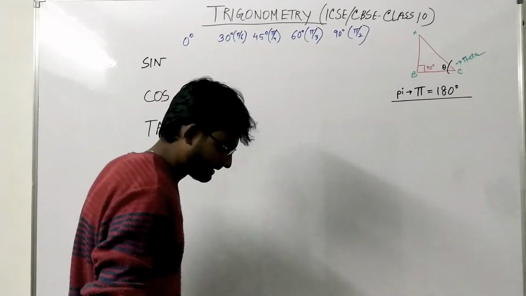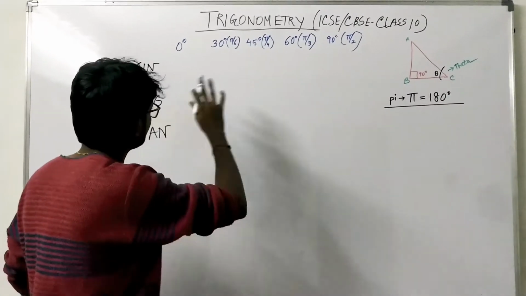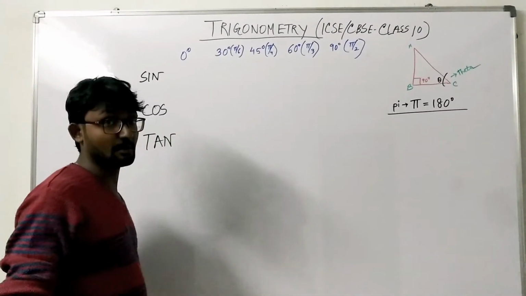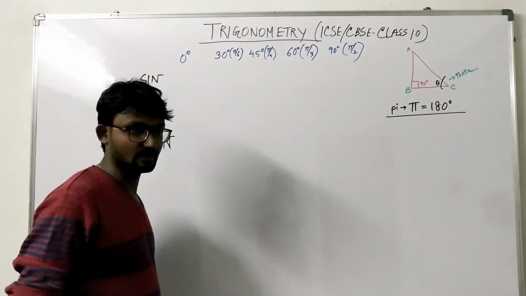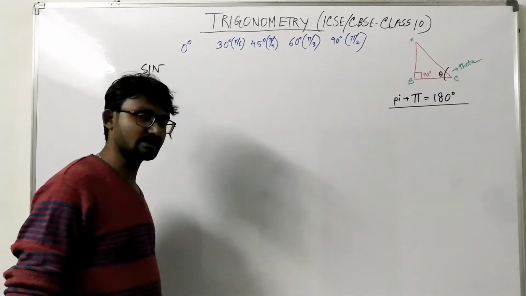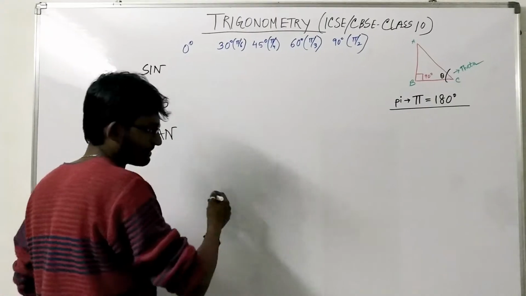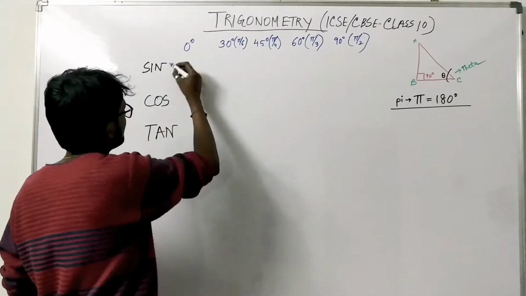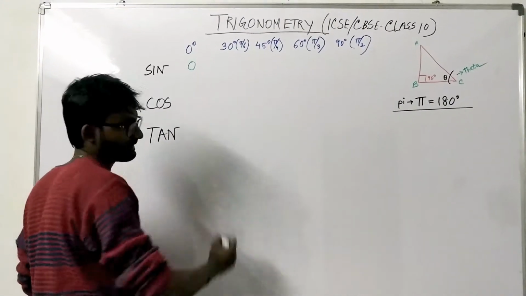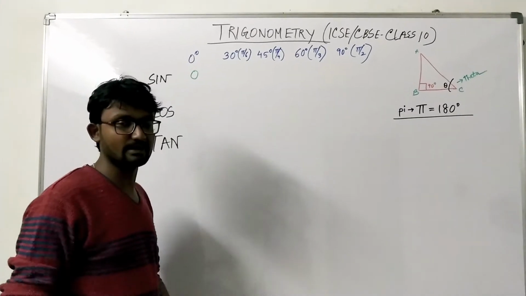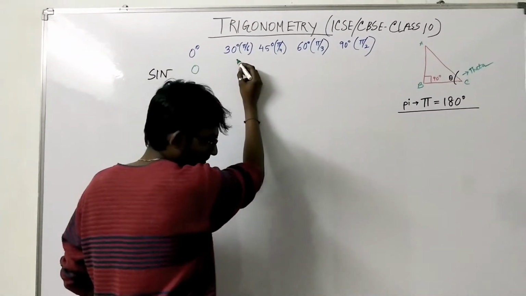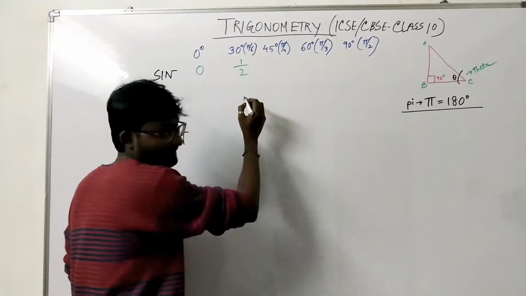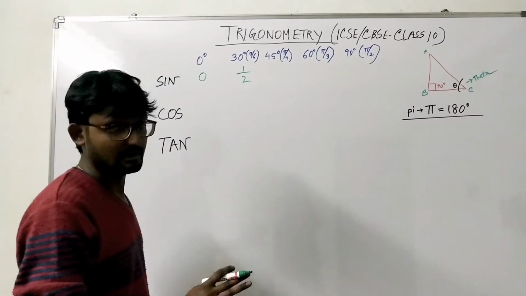Now I'm going to write the values of these angles, and you need to memorize this for your problems and future solutions in trigonometry. So sine: sine 0 degree is 0. For 30 degree, it's 1 by 2, so basically it's half.